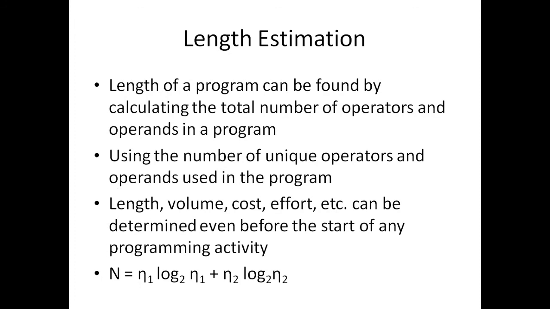We have the whole code and we know the total number of unique operands and operators after completion of the program. If we simply substitute all those values in these expressions, we can easily get the effort and time. So it is very good for calculating the maintenance effort of a particular software.